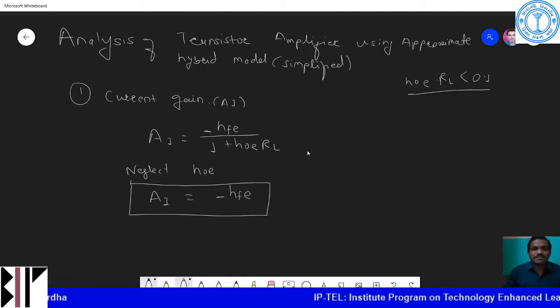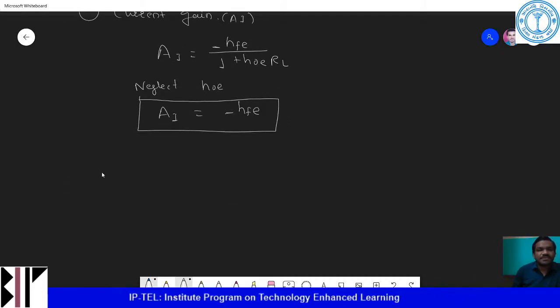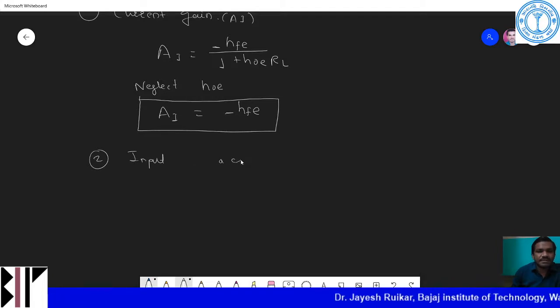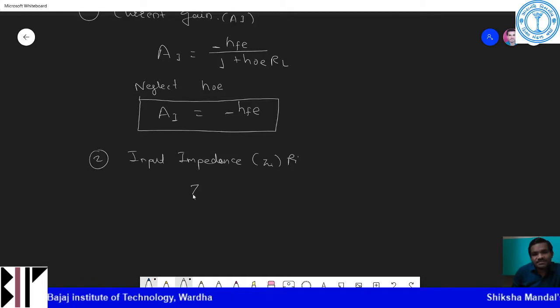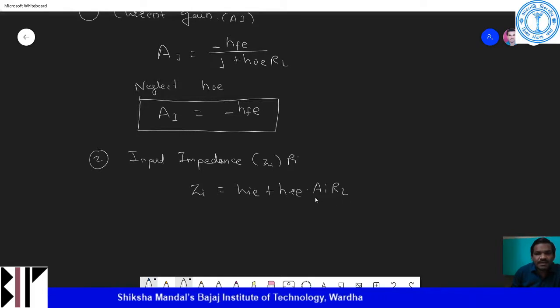Now the second parameter is your input impedance, that is ZI, or sometimes it's called RI. You know that ZI is equal to HIE plus HRE into AI RL.